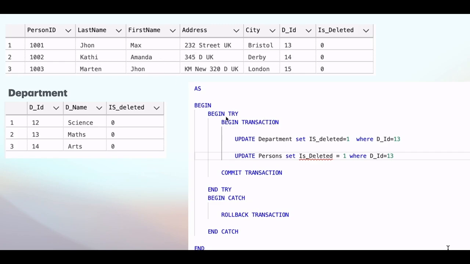So we have to perform two activities to achieve our goal. We are updating the department table with is_deleted equal to 1, and then we are updating our person table with is_deleted equal to 1. If both of the activities are successful, then we commit the transaction, otherwise it will roll back to the original state. Partial updates will not be allowed in our database. This is the concept under atomicity.